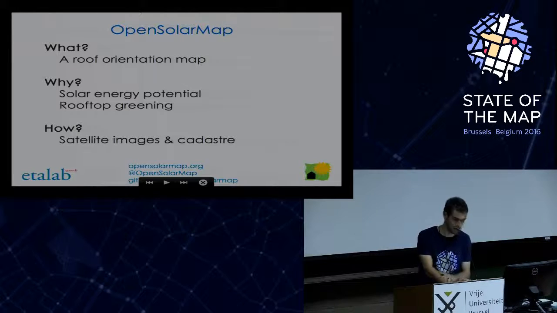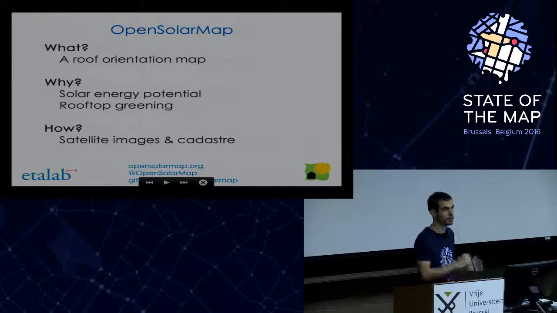It's for estimation of solar energy potential, because you cannot put solar panels on every roof. You prefer north-south orientation, and you can do rooftop greening only on flat rooftops.